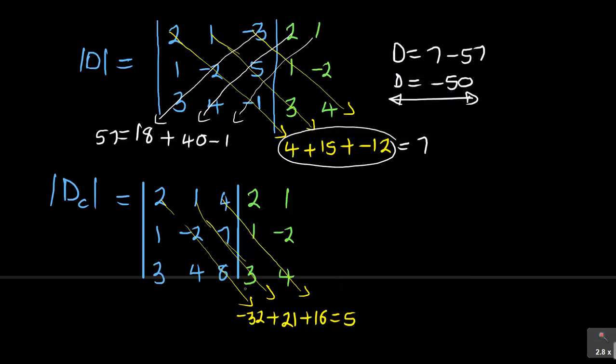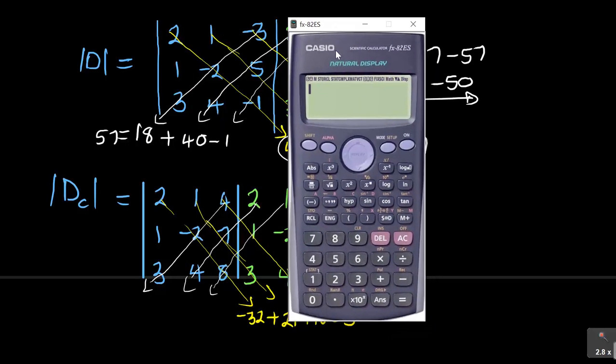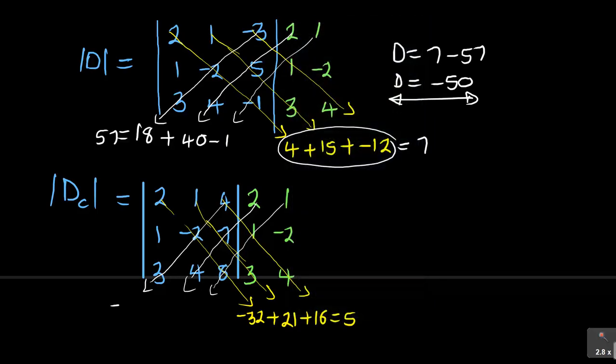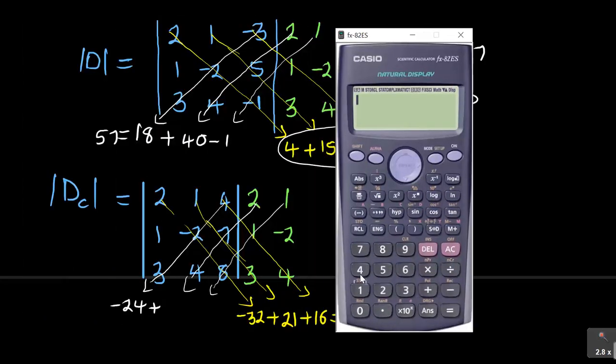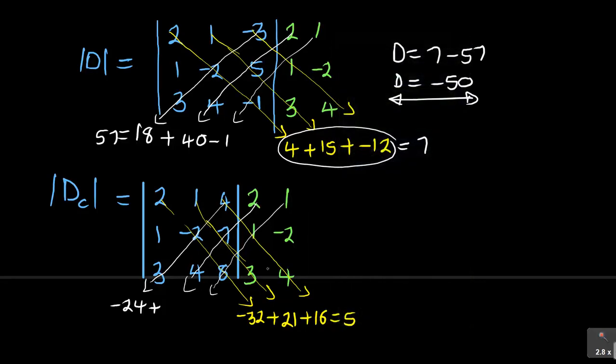And then I do the same thing on the other side. Similarly, multiplying and then adding. So in this case, if I use a calculator here, it is 3 times negative 2 times 4, which is negative 24, plus, and then I've got 4 times 7, which is 28, times 2, which is 56.